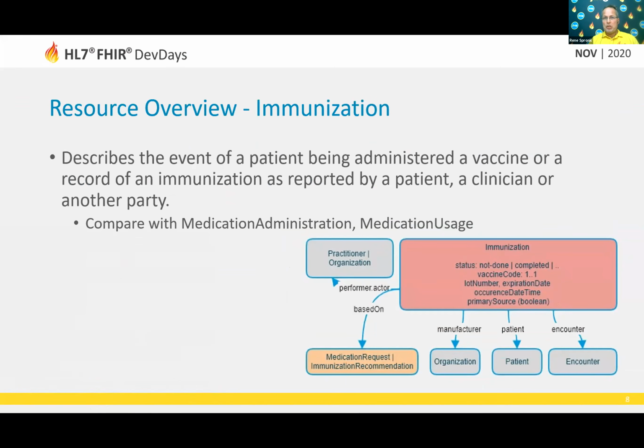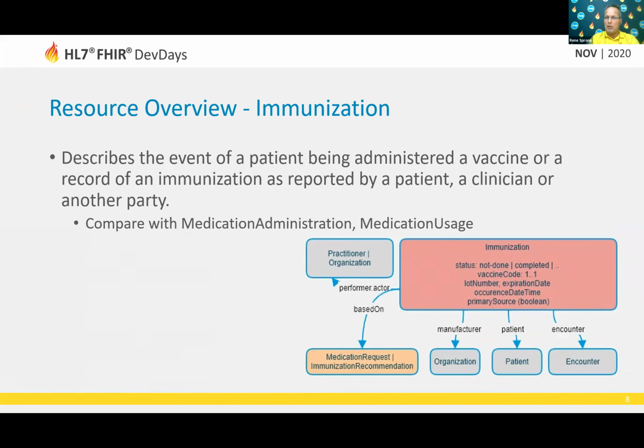Right, we also have immunization. So that's not directly related to prescriptions, but immunization is quite closely related, obviously, to the actual administration of drugs. So immunization records the administration of a vaccine. Quite important nowadays, obviously.